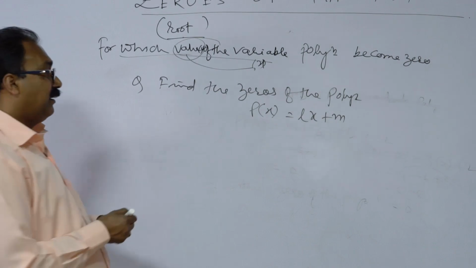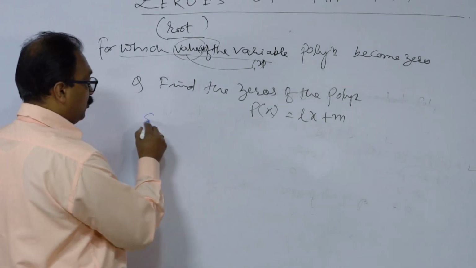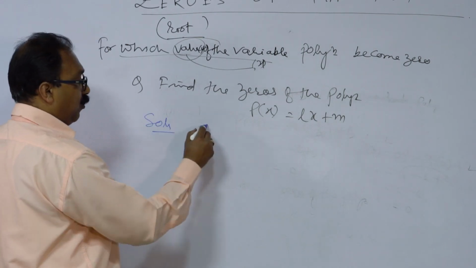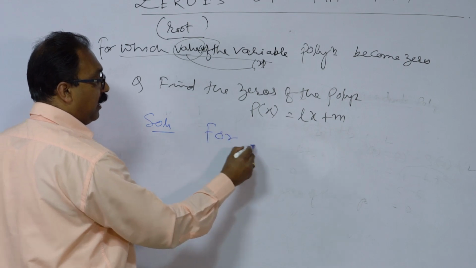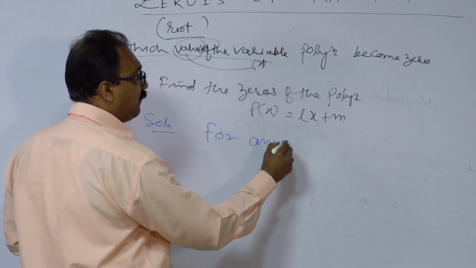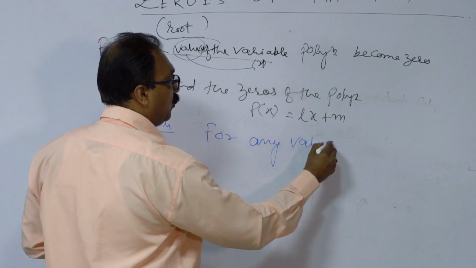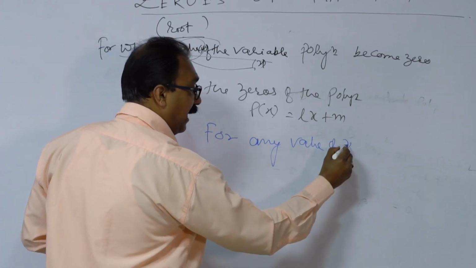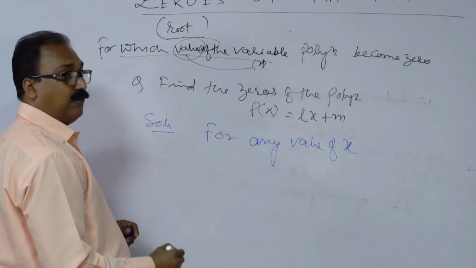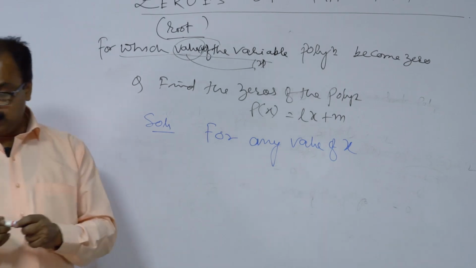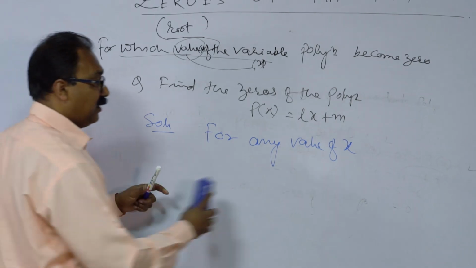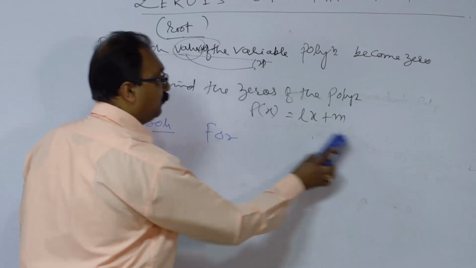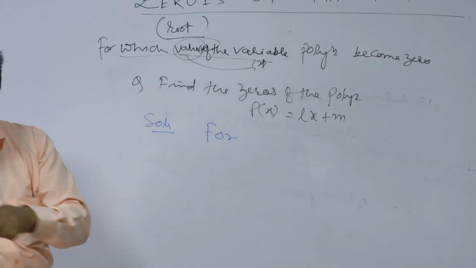Look at here. So in the solution, for any value of x, for any zero, we can write like this. For any zero, zero means any value.